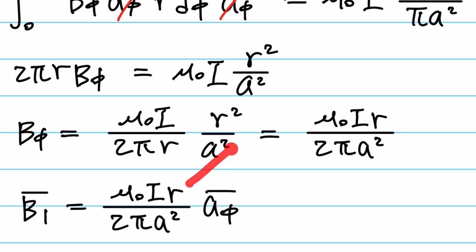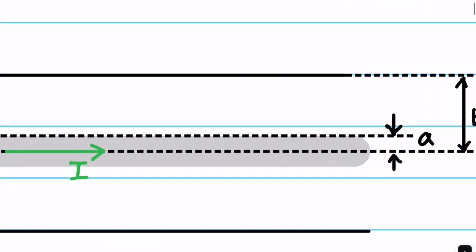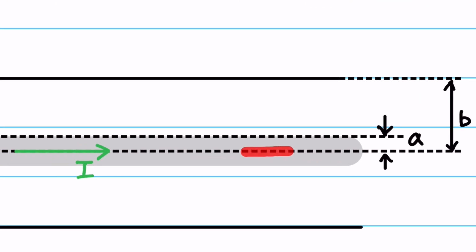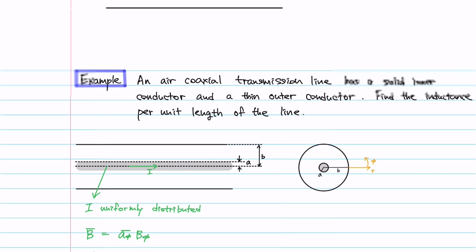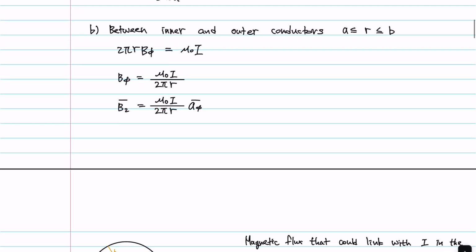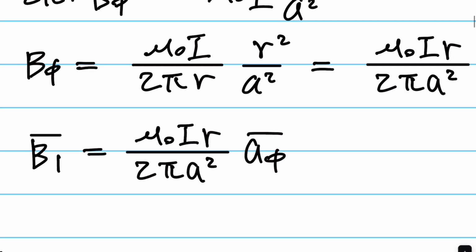So for instance, if you're measuring the B field at a radius very, very close to the center, if your radius is right here, the B field is very low. But if you go out and measure right here, then the B field will be maximum, because it's now enclosing all the current that is flowing in the conductor. So that's why it varies depending on the location of the r where you're measuring it.